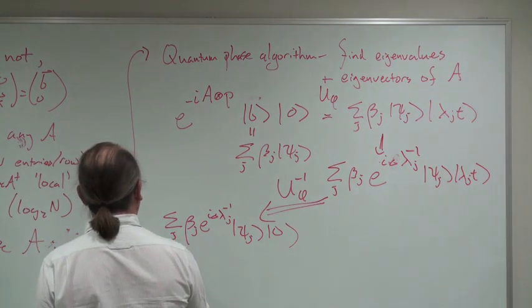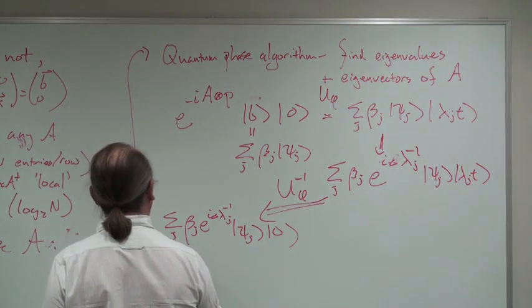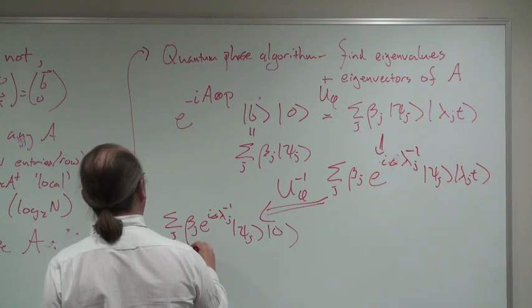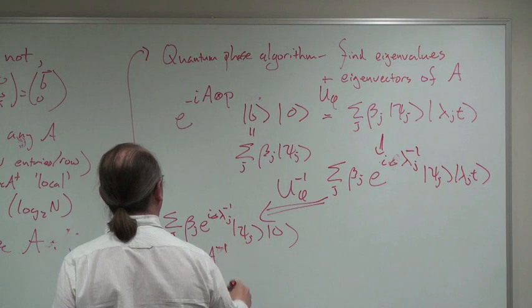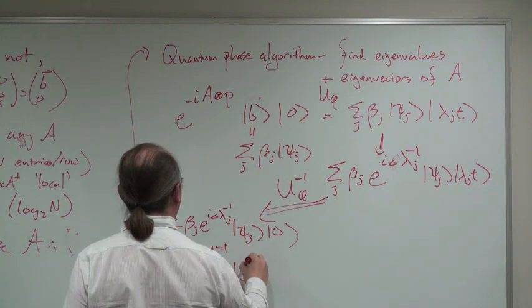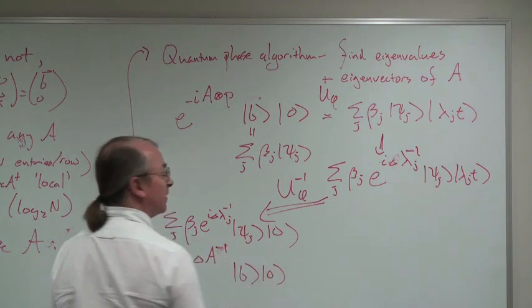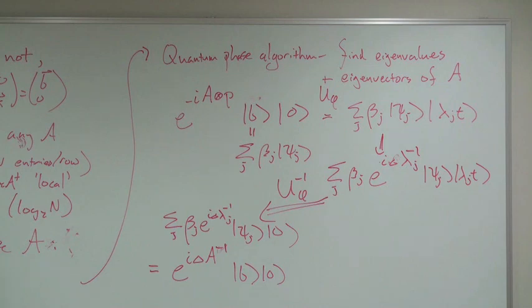But this now is equal to e to the i delta A inverse acting on B with 0.